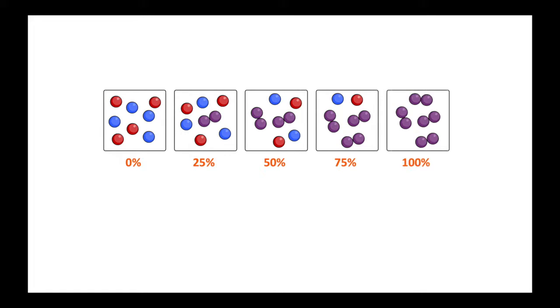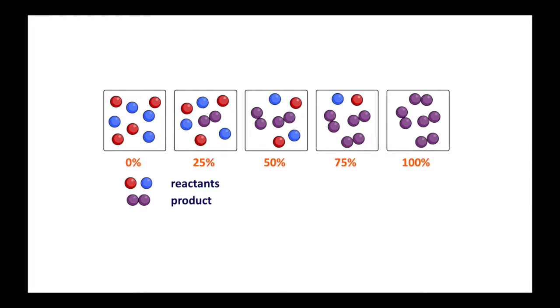As the reaction progresses, we get fewer reactants, so the red and the blue, and we get more products. So to start with, there are no products being produced, but by the end of the reaction, when the reaction is complete, it's 100% products.